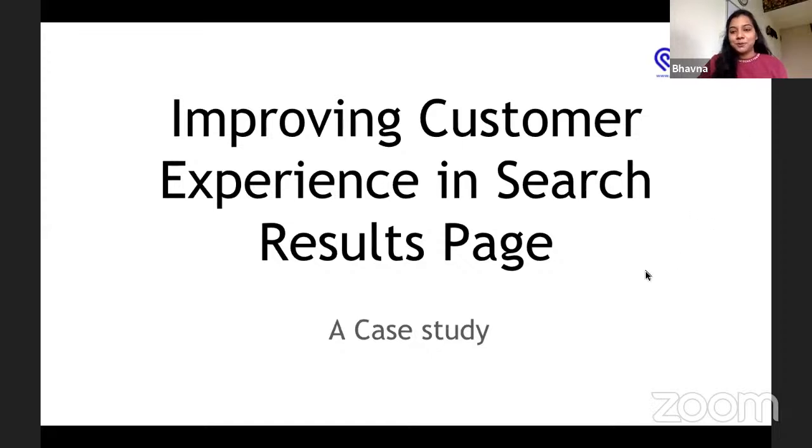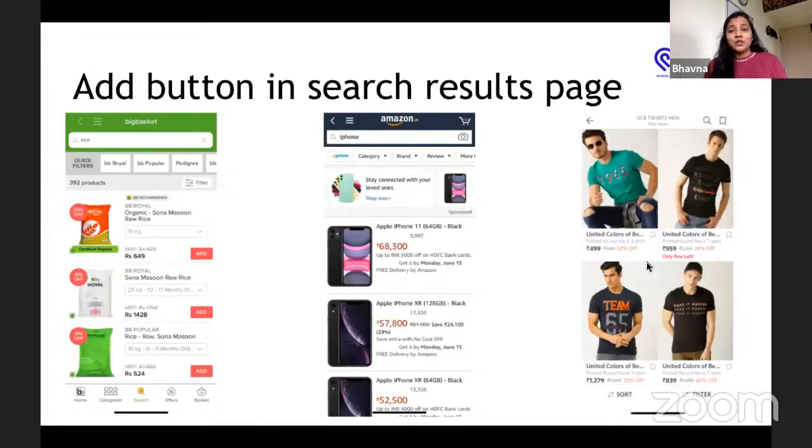Firstly, talking about the CTA that you will provide on the search results page. For example, in the grocery business, Big Basket is, as you know, India's largest online grocery supermarket. Here, what we think is that when it comes to grocery, like onion, or when you're searching for rice, you don't have to go to the product description page and then decide.